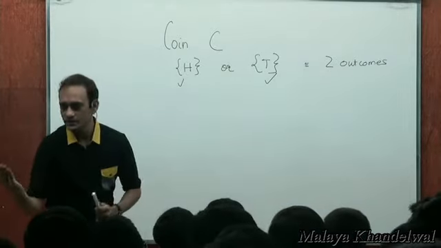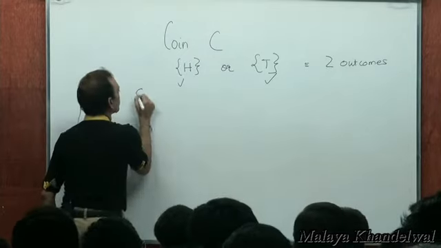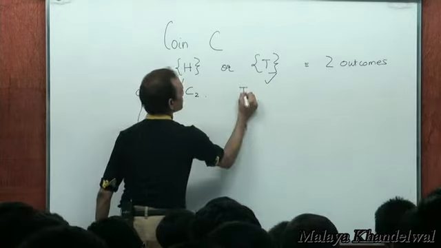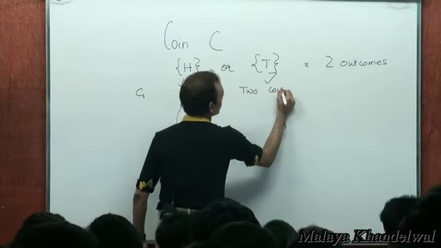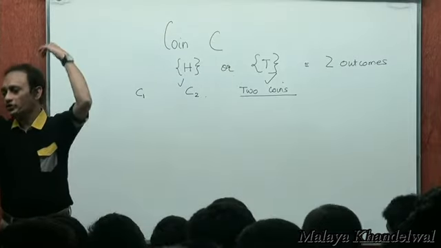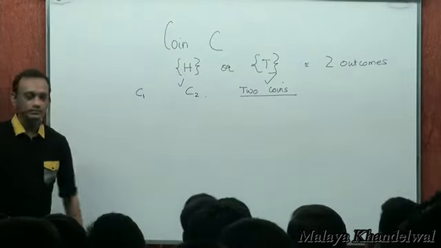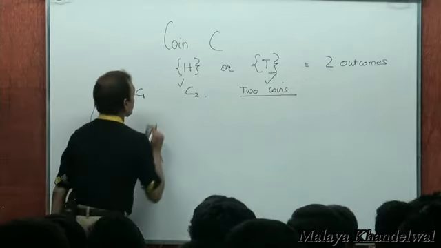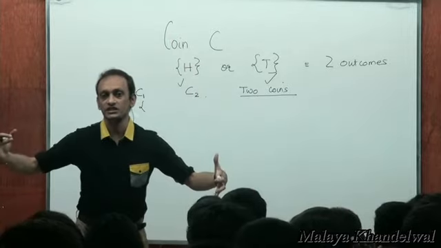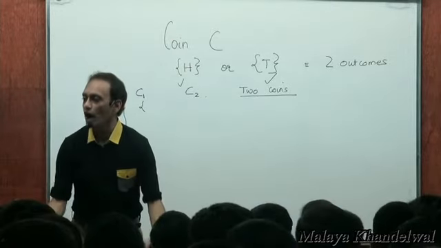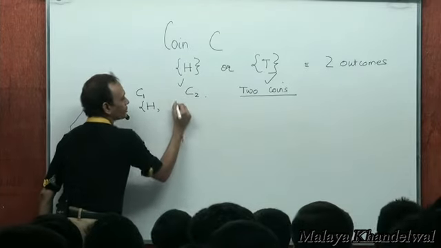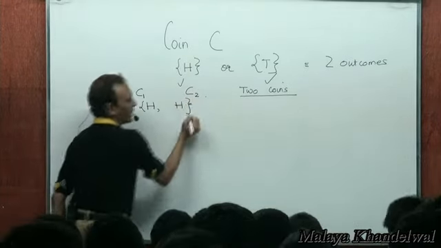Suppose we had two coins, C1, C2, and I had to flip the coins. Then, one possibility is that I flip the coins simultaneously, and now I'm trying to judge the outcomes. One is both heads, C1 H, C2 H: head, head.